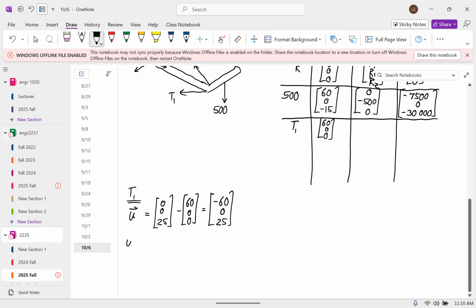And so the unit vector is negative 0.923, 0, positive 0.385. And so the force vector is negative 0.923 T1, 0, positive 0.385 T1.